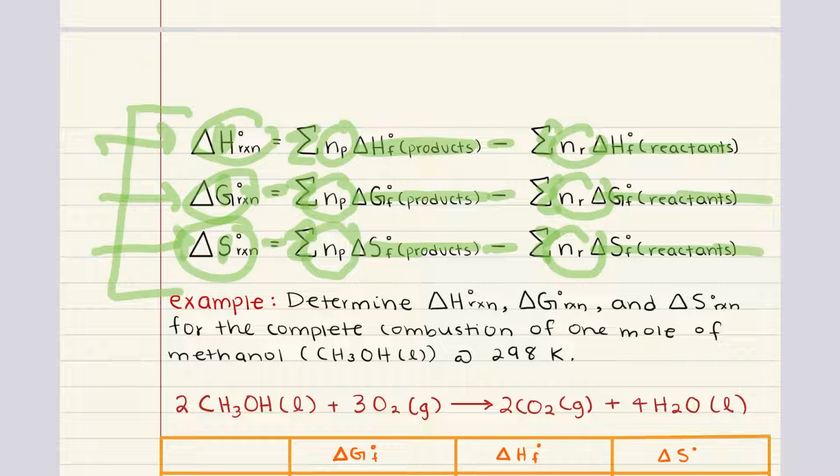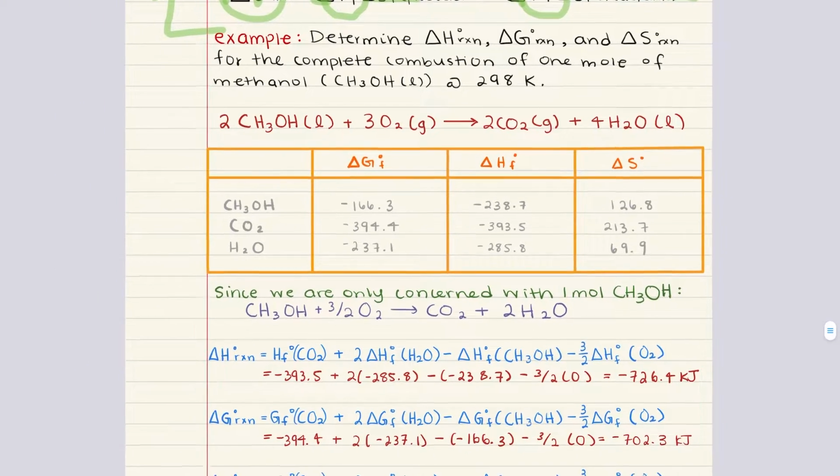So again, in each case, the calculation involves determining the total for the products and then subtracting the total for the reactants using standard values for enthalpy, Gibbs free energy, or entropy. Let's go ahead and jump into a practice problem.